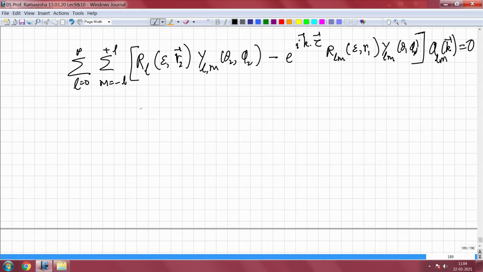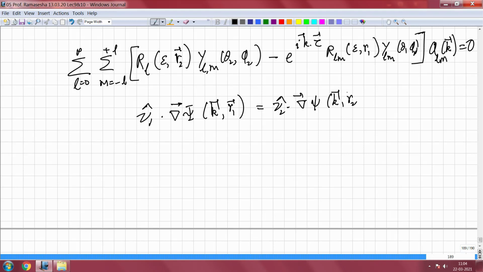that is because of the continuity of the wave function, I must have nu 1 dot grad psi k comma r1 should be equal to nu 2 grad psi k comma r2.